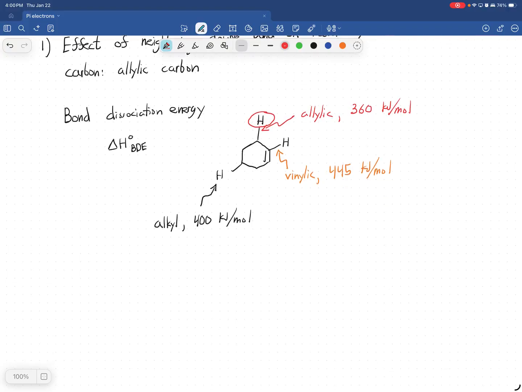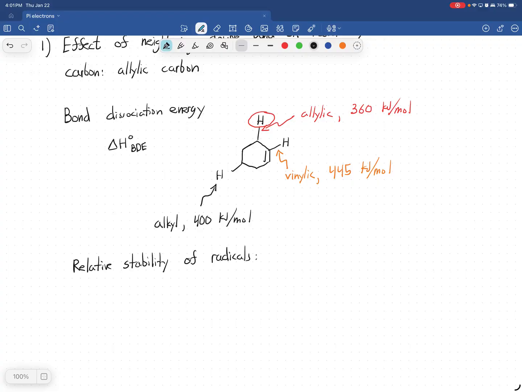Here we could write the relative stabilities of radicals. When we're talking about bond dissociation energies, what we're talking about is the radical stability when that bond breaks. That means if a bond is easier to break, the radical must be more stable.